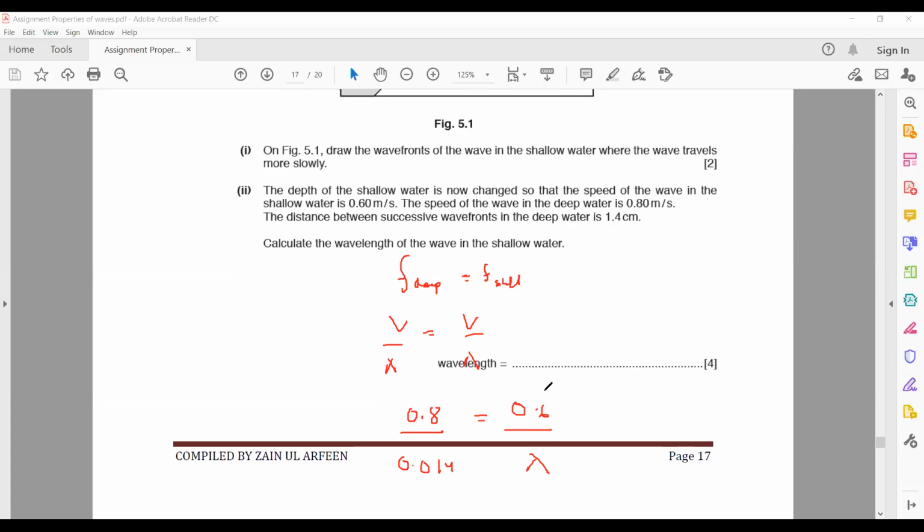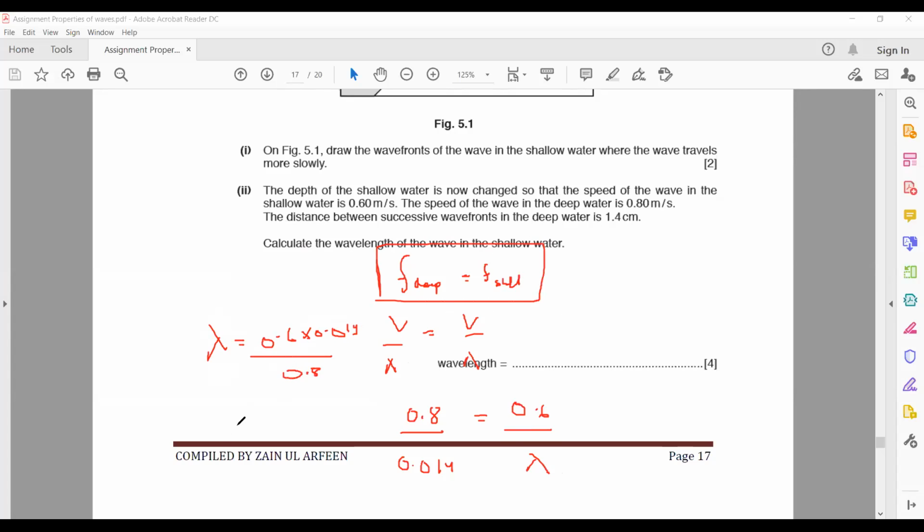Just cross multiply, because the reason is the frequency in the shallow and the frequency in the deep region are the same. So speed in deep divided by wavelength in deep is equal to speed in shallow divided by wavelength in shallow region. Just cross multiply. So wavelength is equal to 0.6 multiplied by 0.014 divided by 0.8.